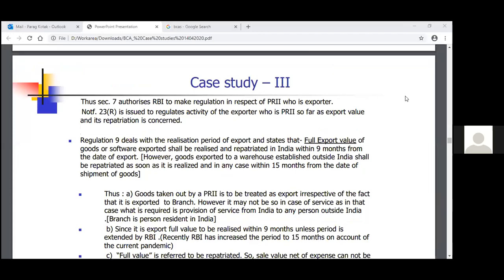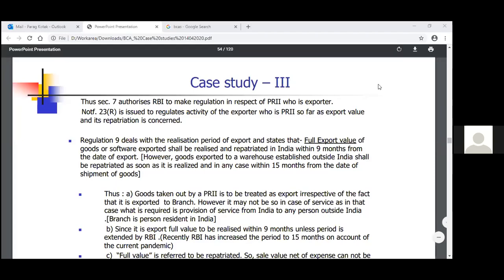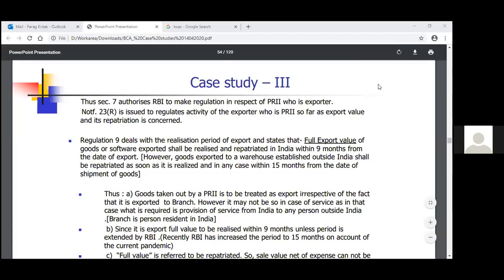Now 6.6 does not talk about any export of services to the branch, and it does not try to regulate the provision of services. However, normal activity of goods will be treated as export, therefore 23R will apply to you. And other activities with the Indian company are not being regulated.